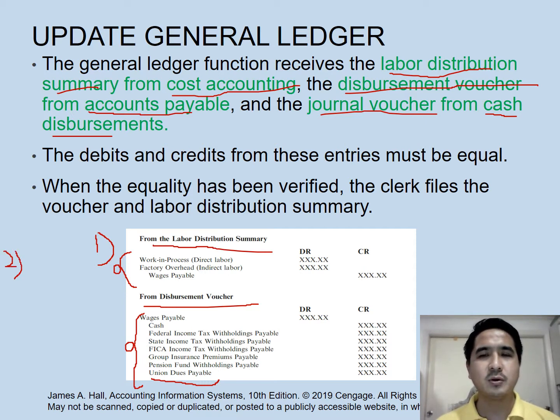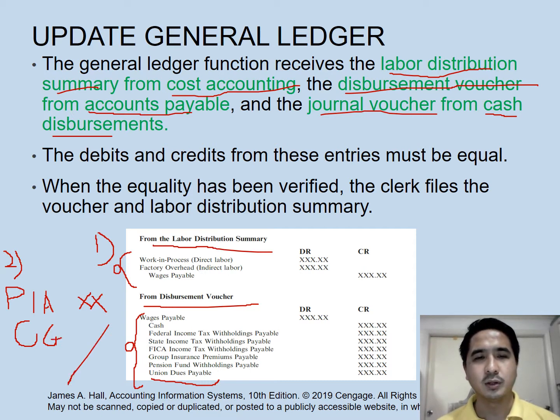And then our second entry would be, if we fund the payroll imprest account, so I'll just use initials, the payroll imprest account. So you debit that. Sorry, medyo mabagal. Debit the payroll imprest account, credit your cash, general account.